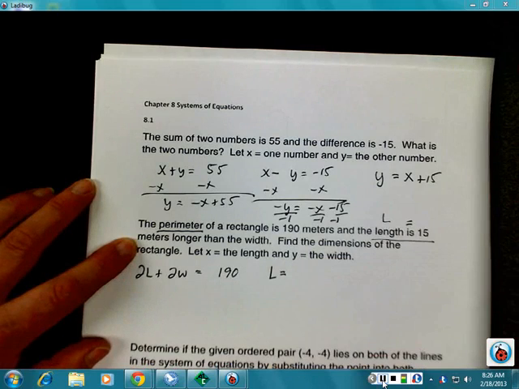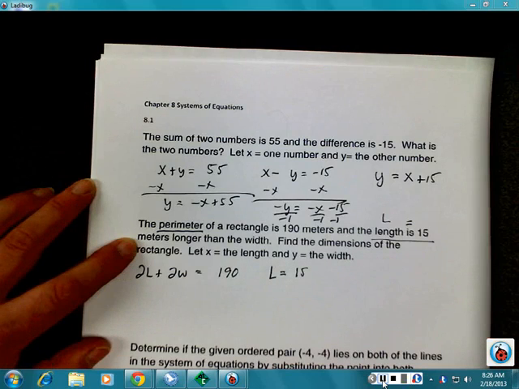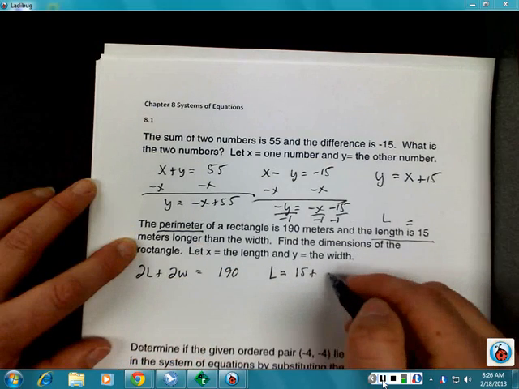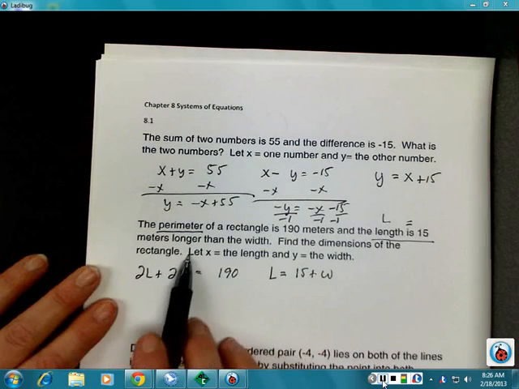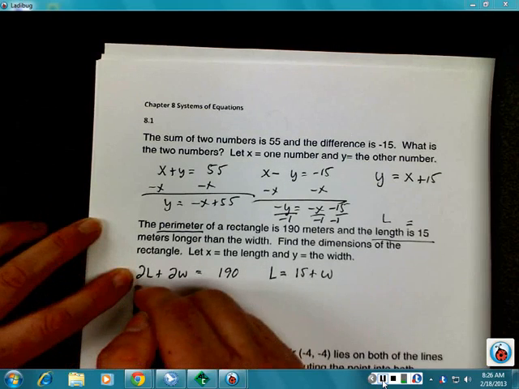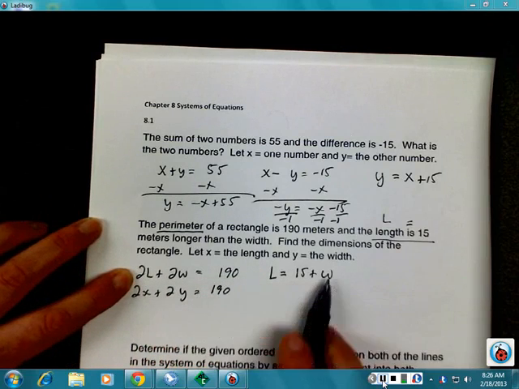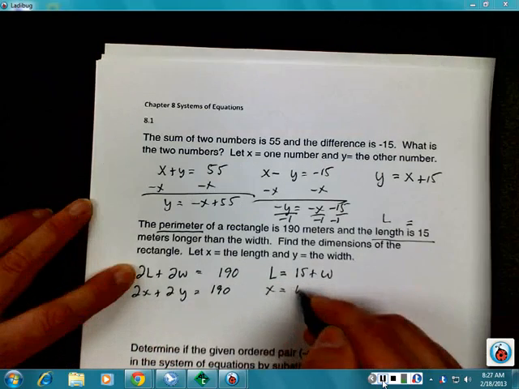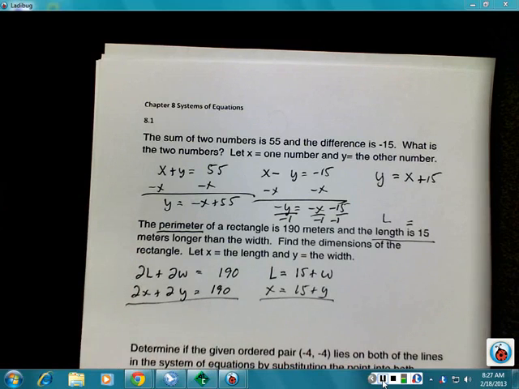It means L is equal to 15 plus, longer than means addition, the width, and I have them in L's and W's. Then if we read on it says that x equals length, so that means I really have 2x plus 2y is equal to 190, because width is y, so that means I have x is equal to 15 plus y.